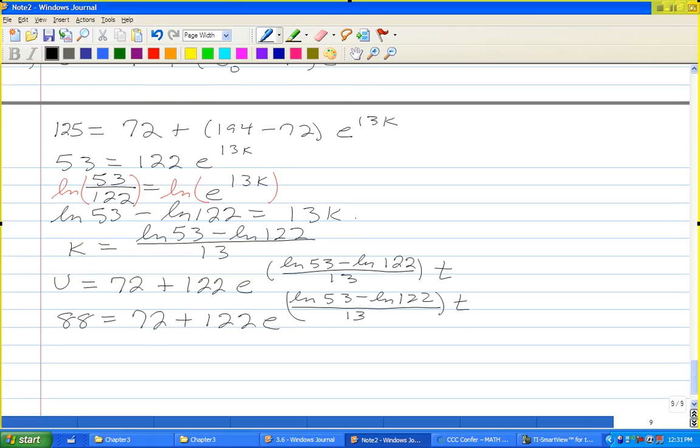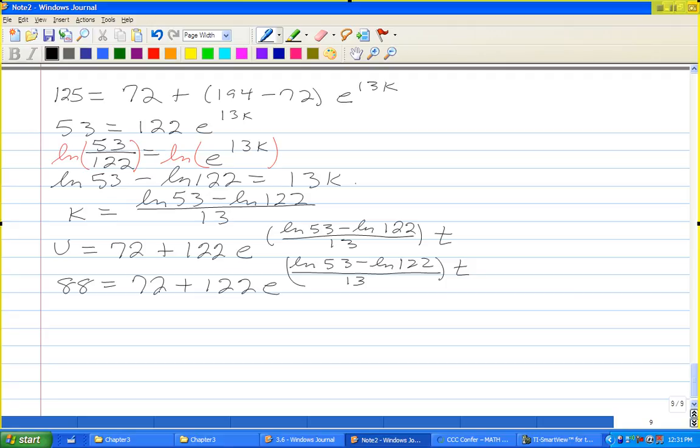Okay, so subtracting 72 from both sides, you do your K. Divide by 122.